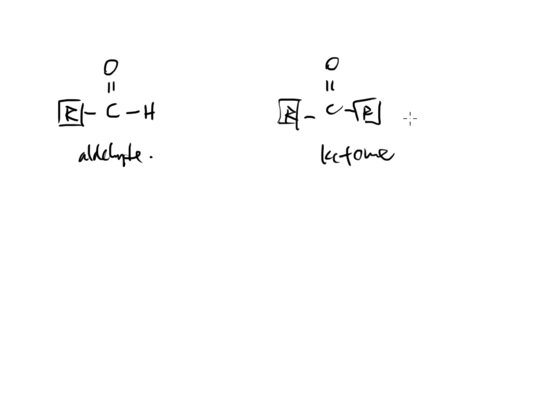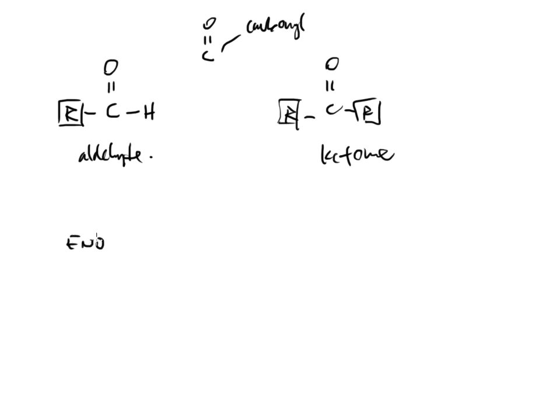Now, I do not know how to name them, and that's okay. We will not learn how to name these in this particular class. This is a second semester class. But I can at least circle the functional group and label it as an aldehyde or a ketone. And you have to keep in mind that a C double bond O in particular is called a carbonyl.